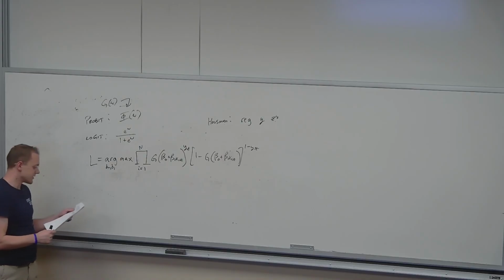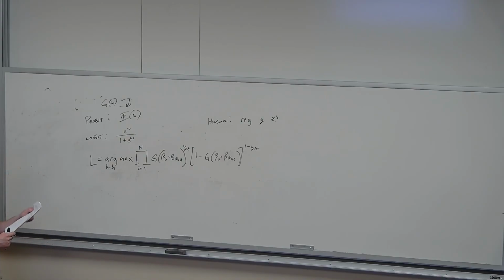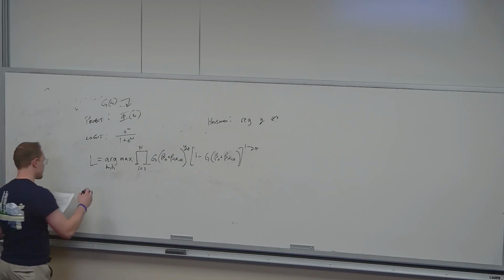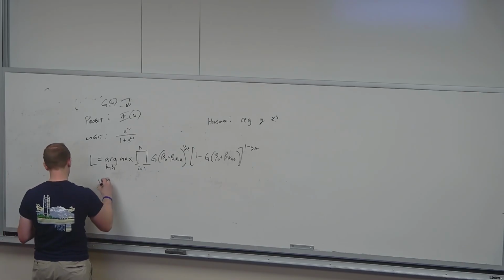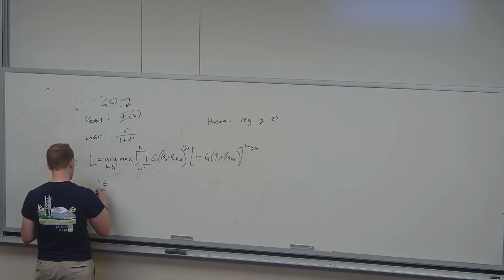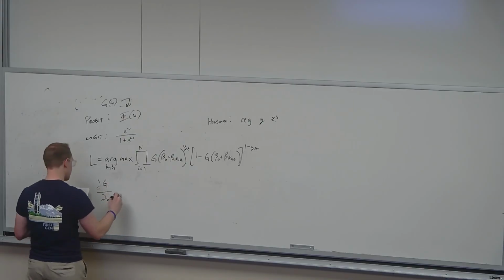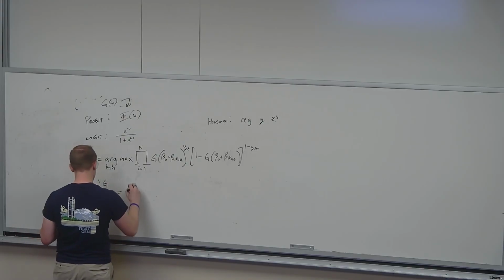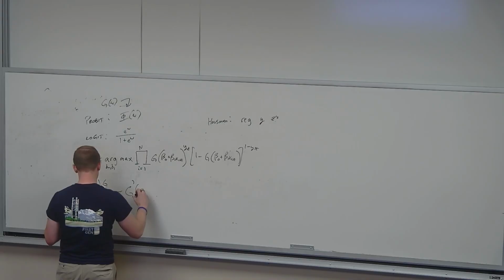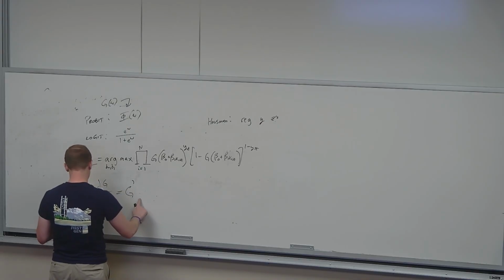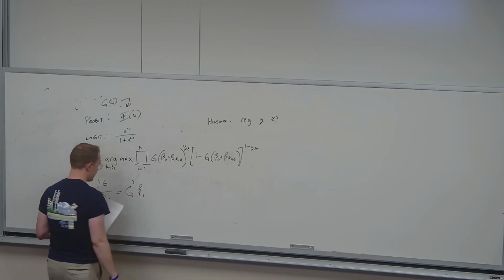And then the last question says, define mathematically and derive the marginal effect, right? If you were to take the derivative of g with respect to x, you would get g prime times beta 1. That's what you get.